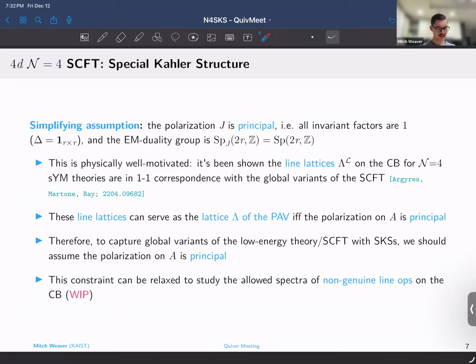One can relax this constraint, and in doing so, at least according to this interpretation of what a principally polarized lattice represents, you'd effectively be studying the allowed spectra of so-called non-genuine line operators in the Coulomb branch. And this is something potentially interesting that we're working on in the background.